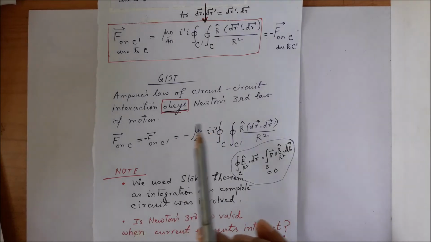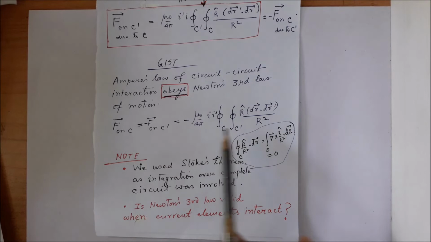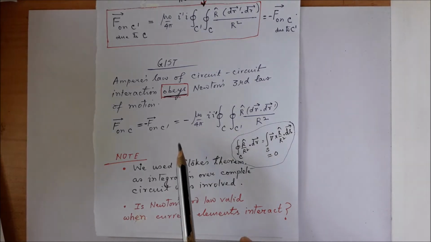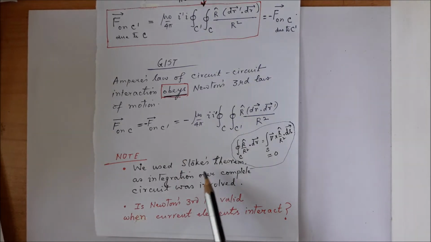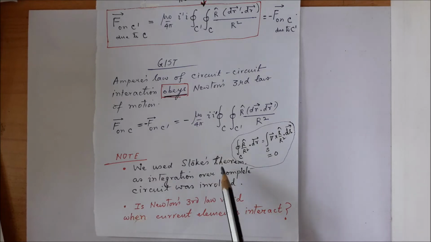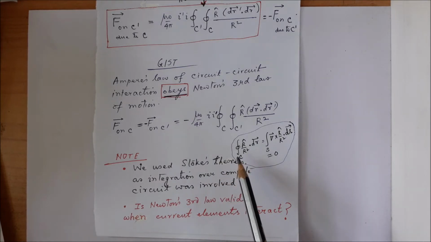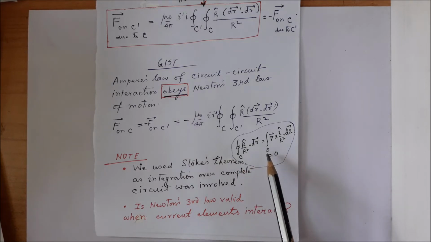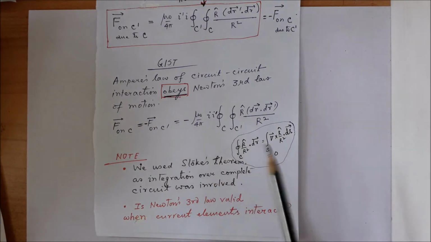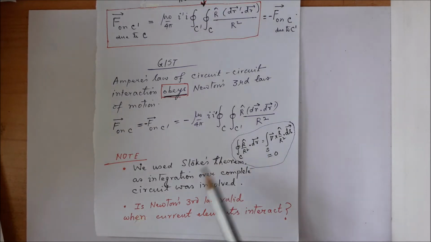An important point to be noted is that in this calculation we have taken help of Stokes theorem, application of which was possible because we had a line integral that we converted to surface integral. The point is, we integrated over a circuit, either C or C prime.